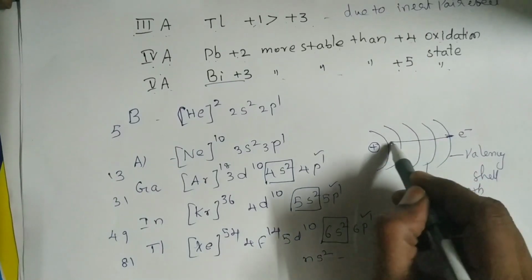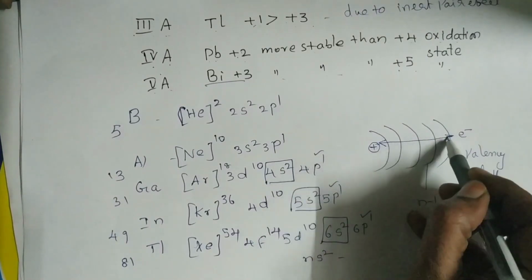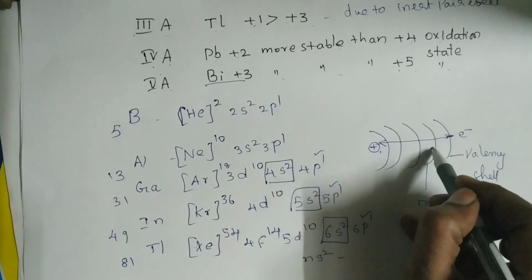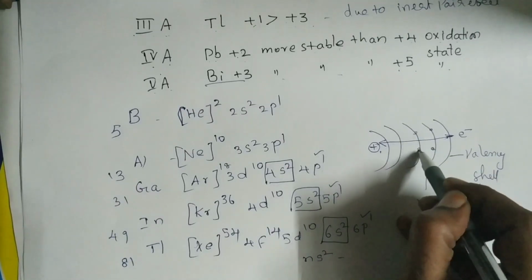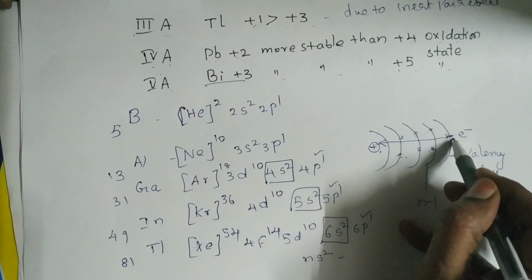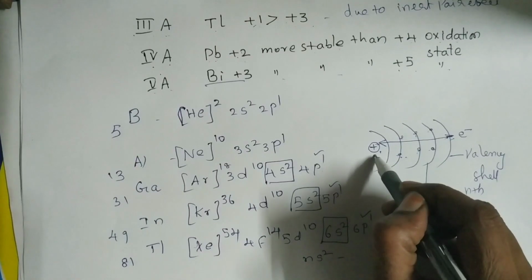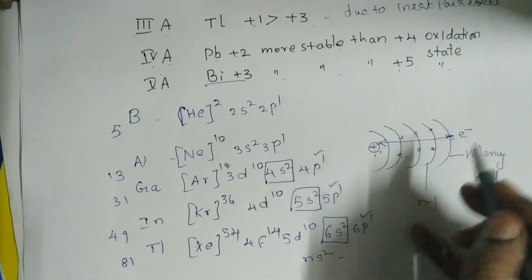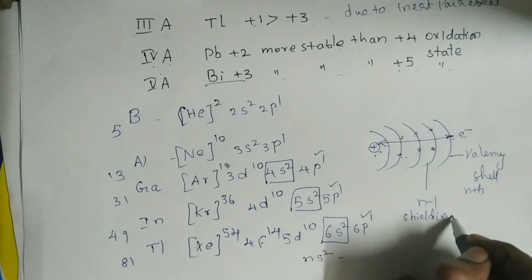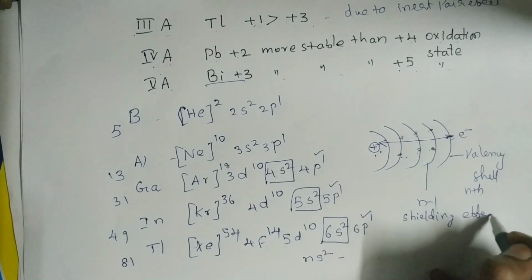This electron is trying to come towards the nucleus to be attracted by the protons. But the remaining electrons are here, many are there. So these are not allowing this electron to come inside toward the nucleus to be attracted by the protons. So what we call this is the shielding effect. Here the shielding effect is happening.